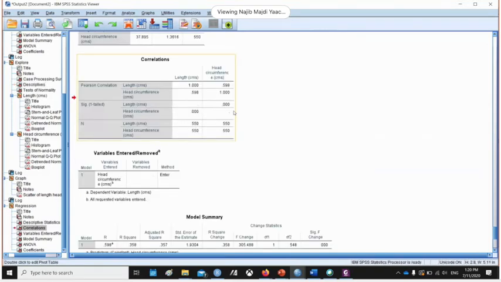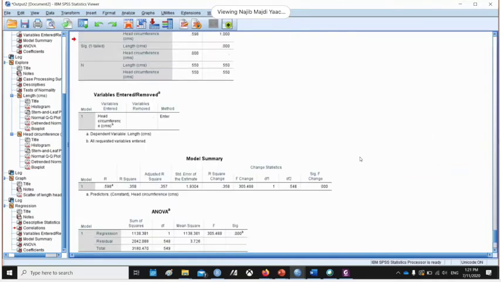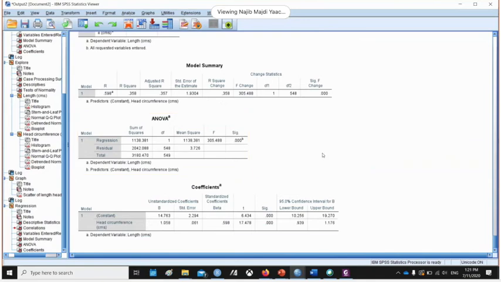This table is of less interest; it just shows the correlation between head circumference and length. The correlation between head circumference and length is 0.598, positive. So there is a positive, moderate, some say strong, correlation between head circumference and length.